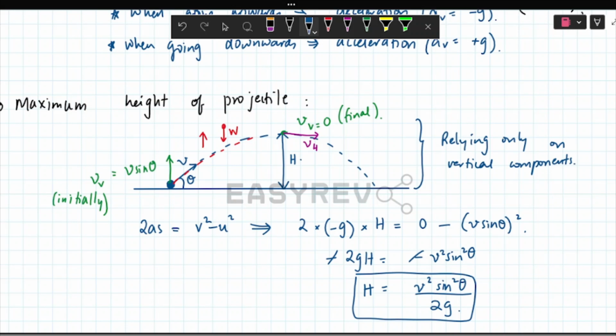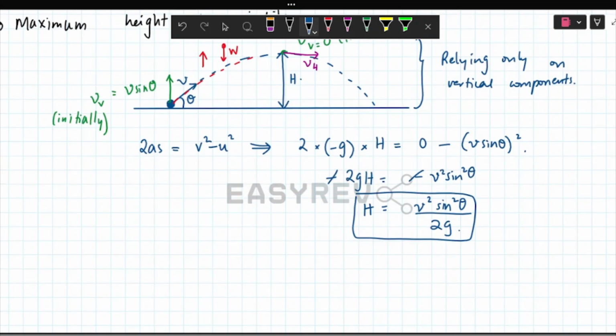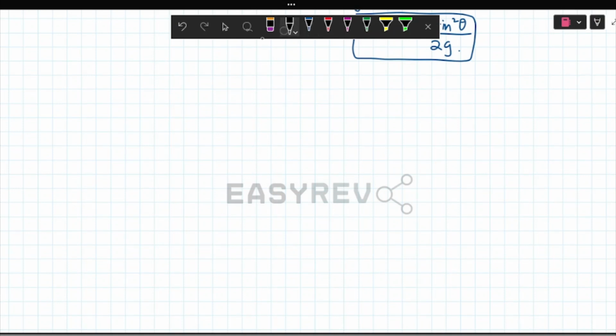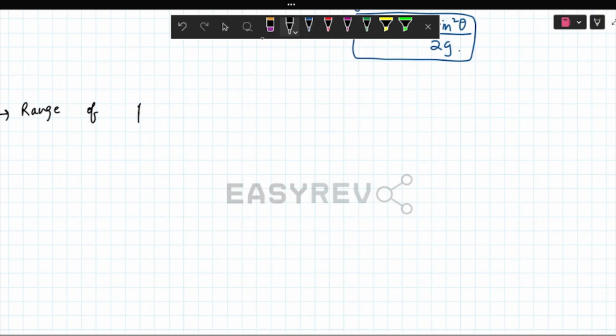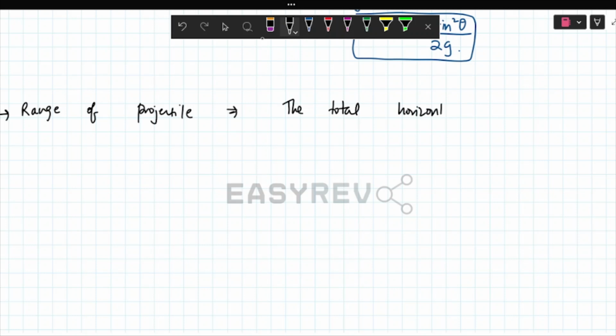Great. Now let's see another quantity that's associated with projectile motion, this time specifically to horizontal motion, that is the range of the projectile. Think of the range of the projectile as the total horizontal displacement of the projectile.